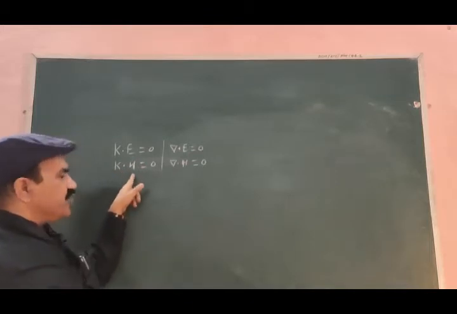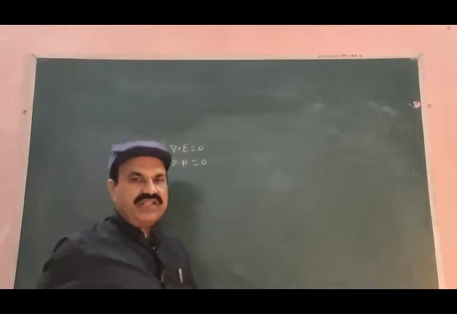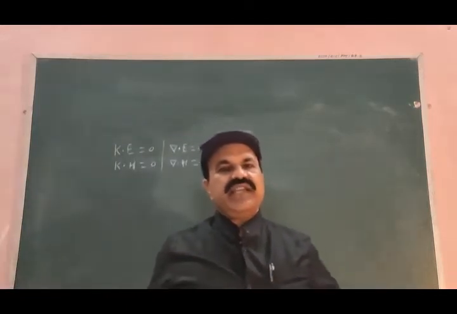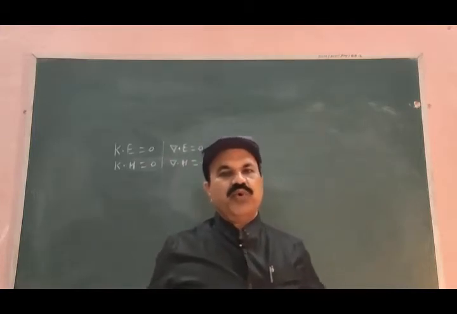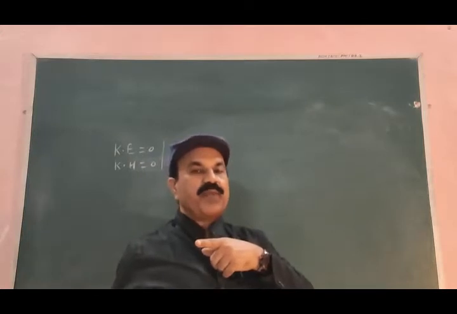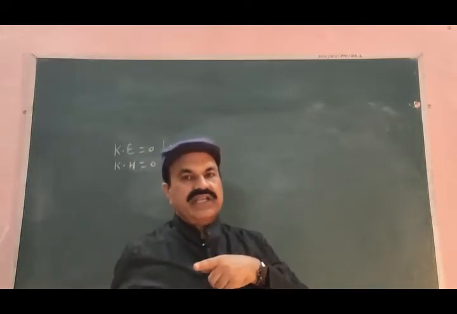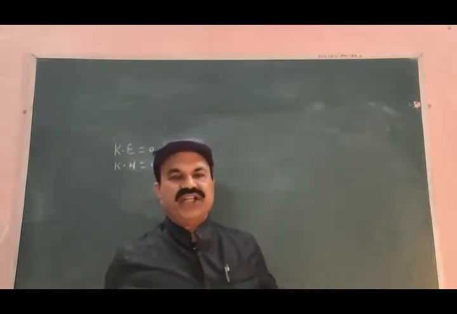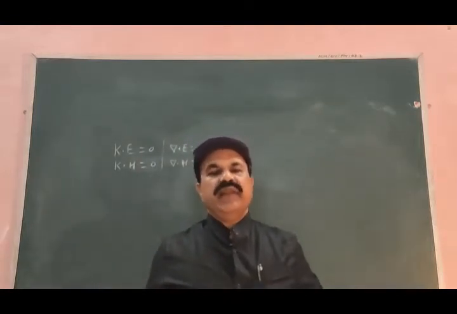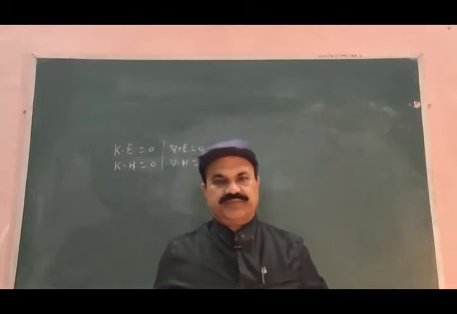Dot product of these two is also 0, it means that K and H are perpendicular to each other. It means that the electrical component E and magnetic component H both are perpendicular to K, the propagation vector, or E and H are perpendicular to the direction of propagation of the plane electromagnetic wave.